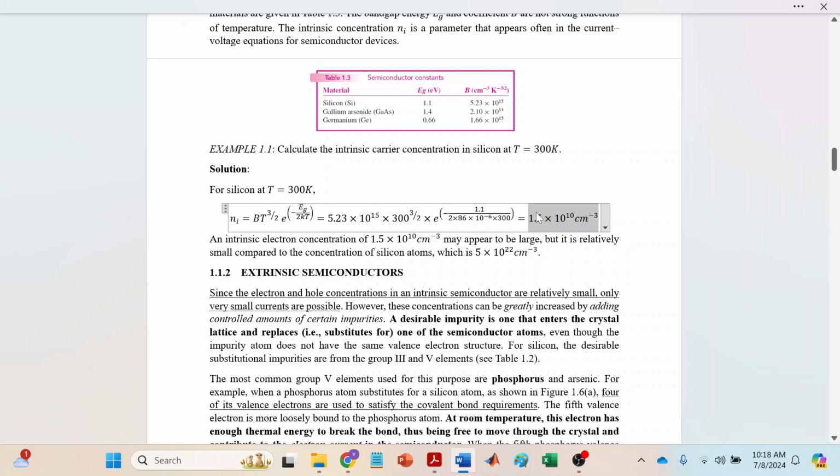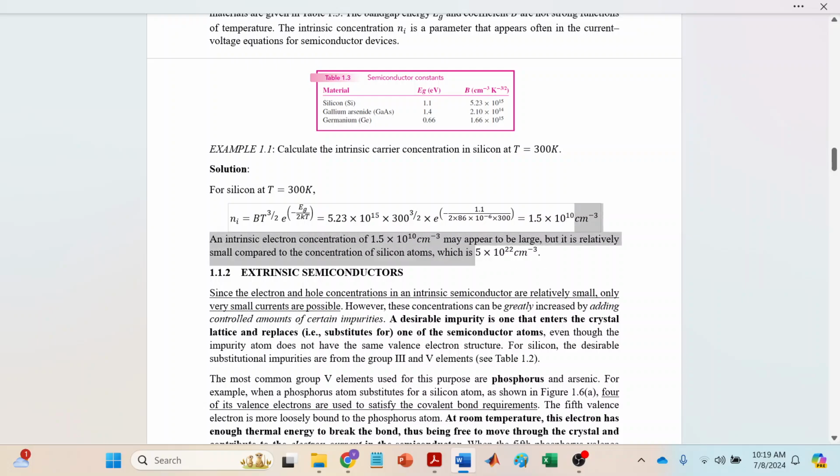So this number may look large, but the concentration of silicon atoms is 5 times 10 raised to power 22 per cubic centimeter. So when you compare this number with this number, we can see that the number of intrinsic carriers, either holes or electrons, is very small compared with the concentration of silicon atoms.